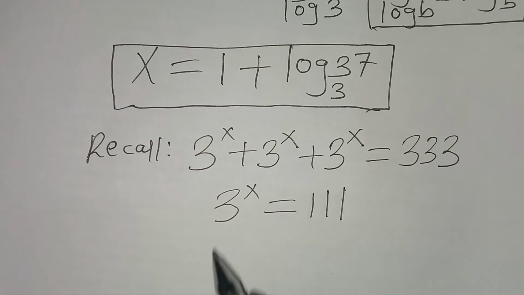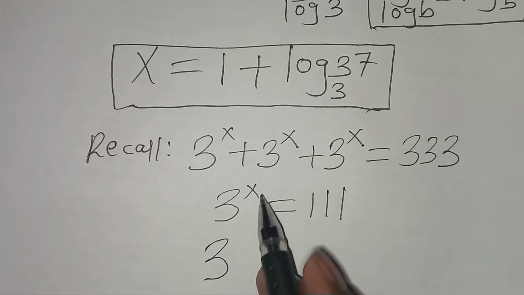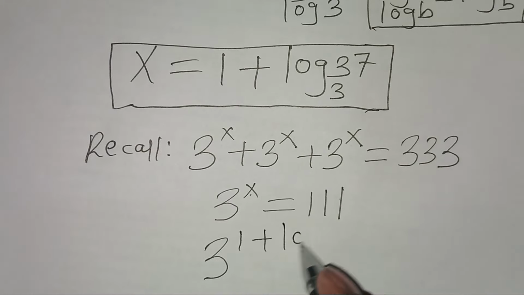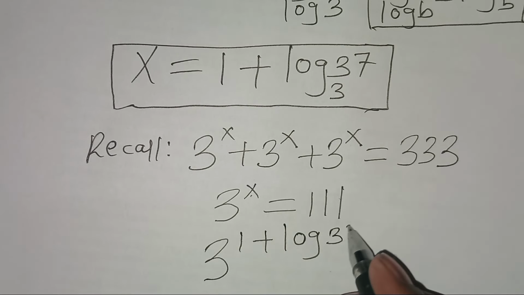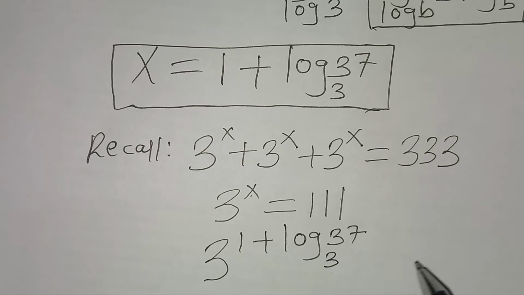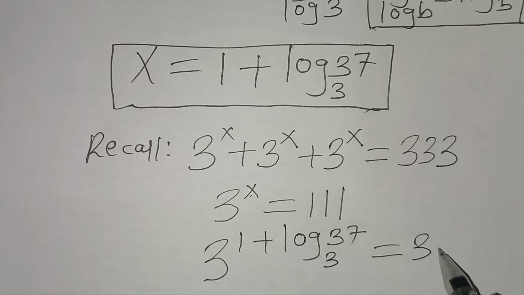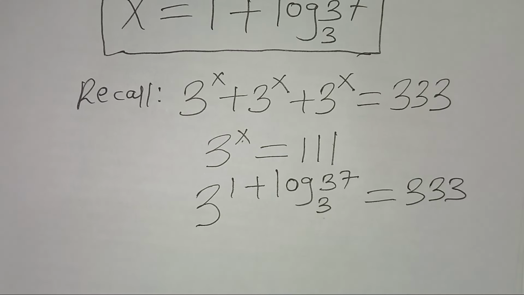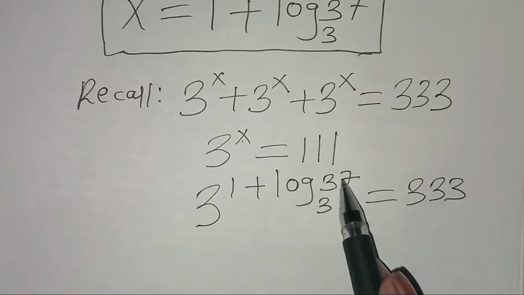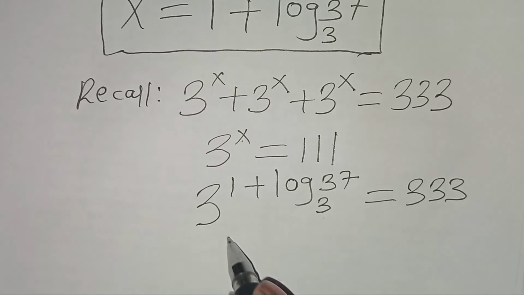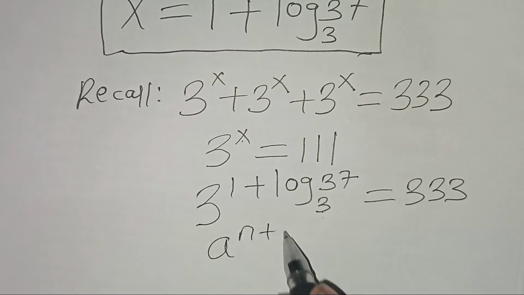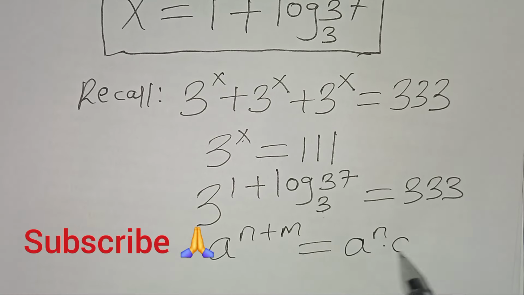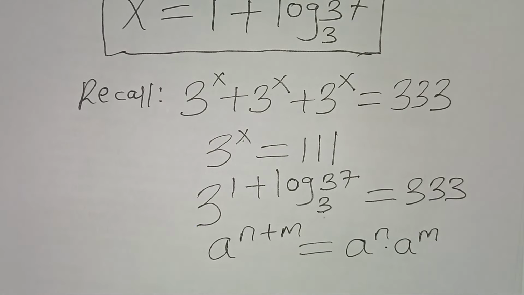Here x is equal to 1 plus log 37 to base 3. The next step: 3 to power 1 plus log 37 to base 3 is of the form a to power n plus m, which you can express as a to power n multiplied by a to power m.